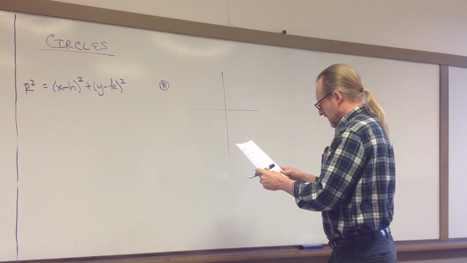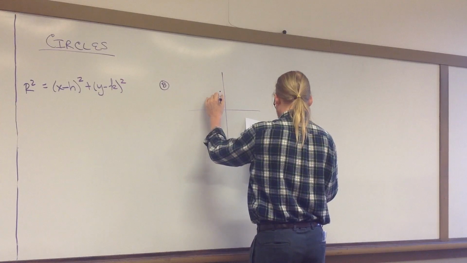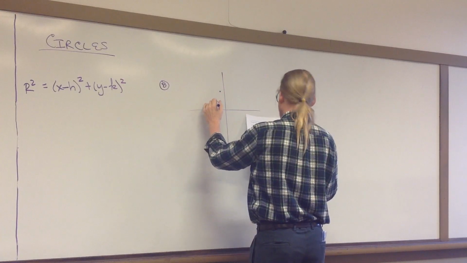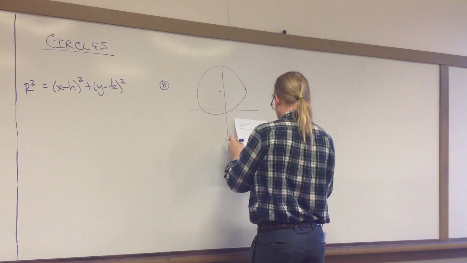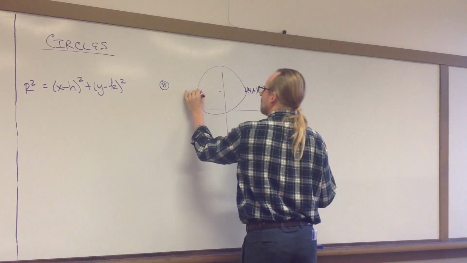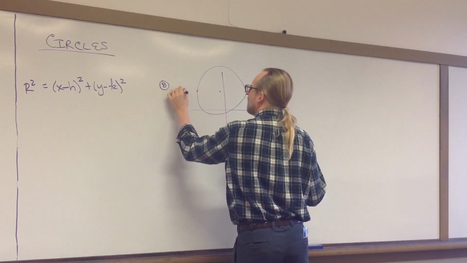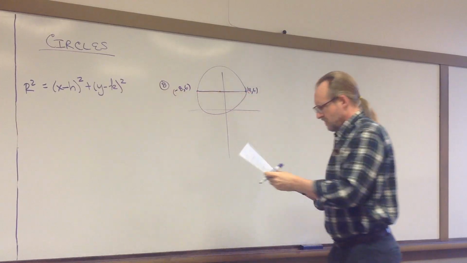Let's see what we've got here. We've got a point there. And let's see, the circle looks something like this. This is the point 4, 6. Over here, negative 8, 6. This should be a diameter.